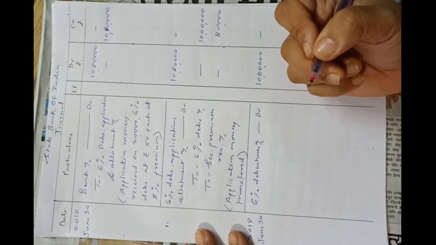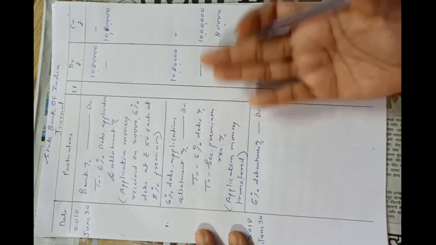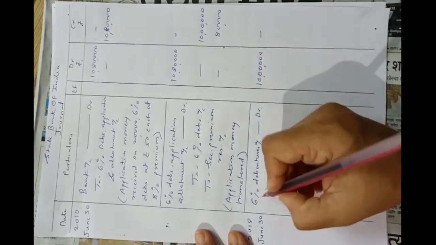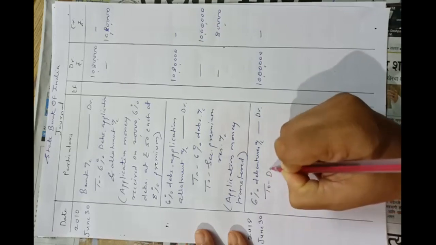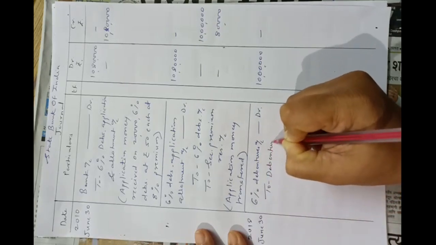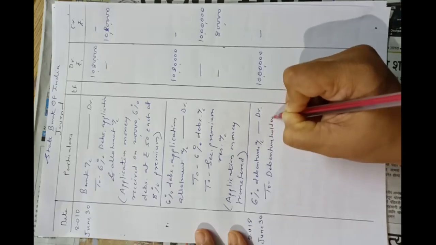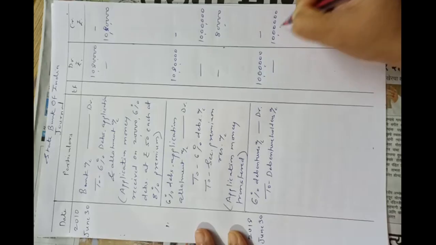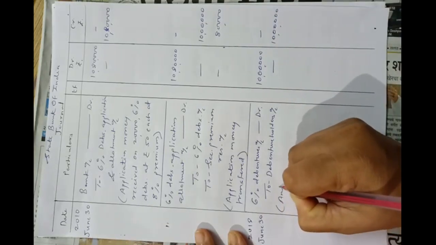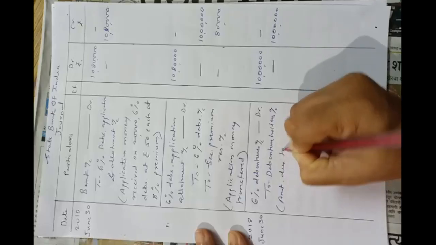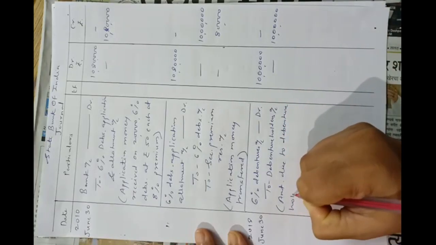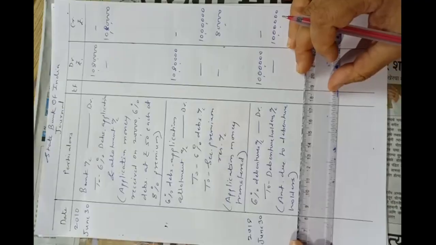Nothing else is mentioned, so it is assumed that they are redeemable obviously at par. So 10 lakhs amount is payable to debenture holders. Amount due to debenture holders.